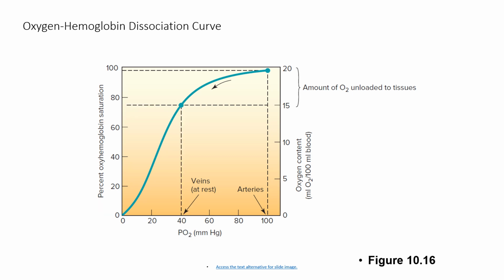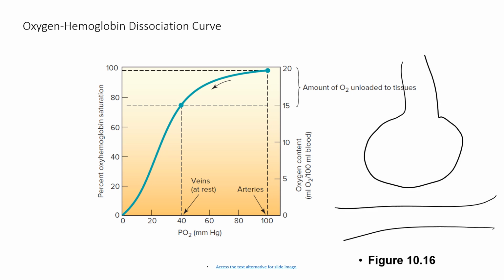So let's draw that alveolus again, and then let's draw a pulmonary capillary. Okay, what do we know? Deoxygenated blood is initially traveling through the pulmonary capillary. It's coming from the right ventricle. And that deoxygenated blood, there's two things going on.